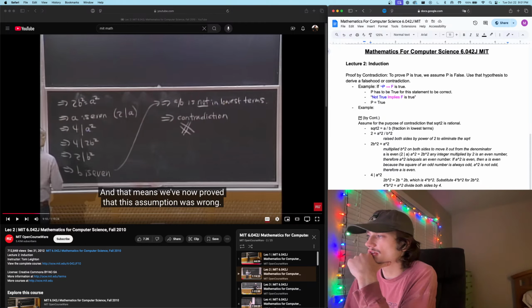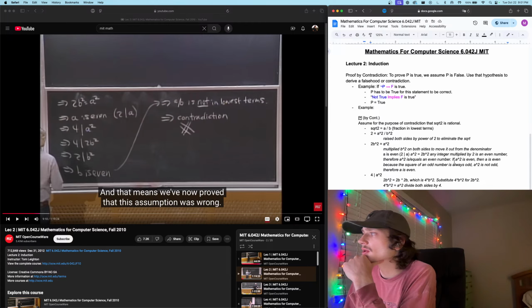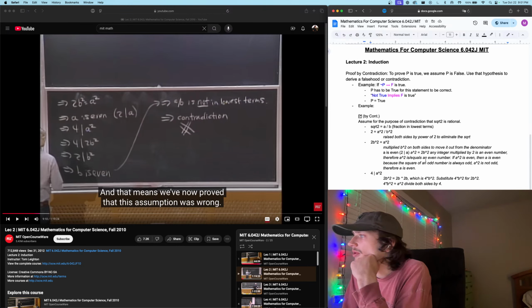Reduce fraction, right? Reduce it down. We said earlier that a squared divided by 2 is even because if a squared is even, any integer multiplied by 2.